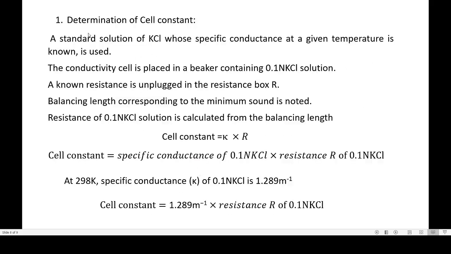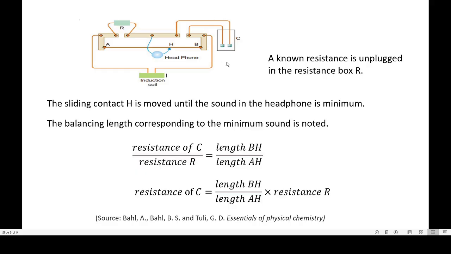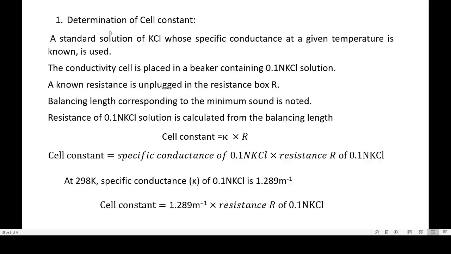Now, while determining the specific conductance of a given electrolyte, first we have to determine the cell constant of the conductivity cell which we are using in the experiment. To determine cell constant, a standard solution of potassium chloride whose specific conductance at a given temperature is known is used.